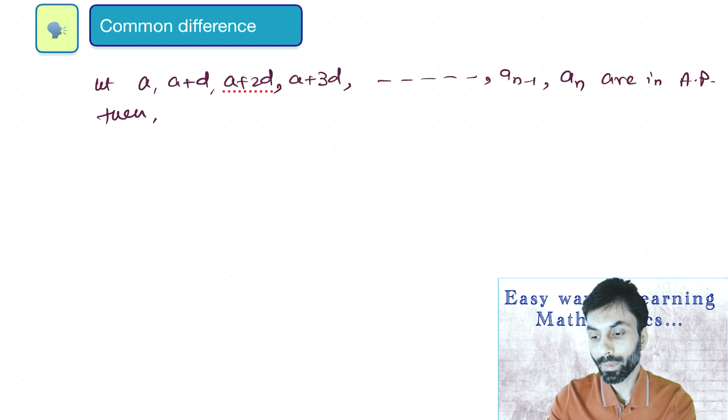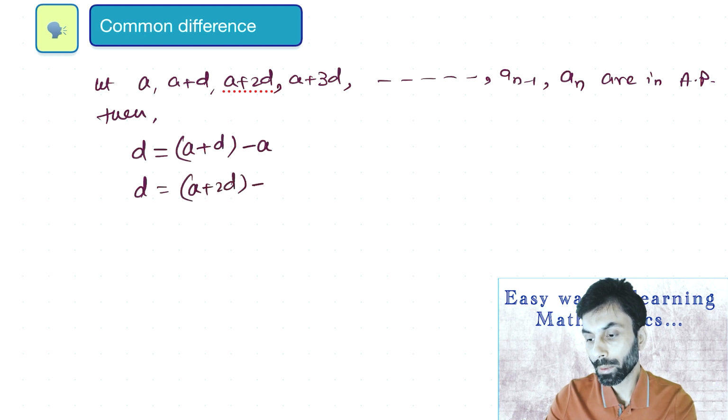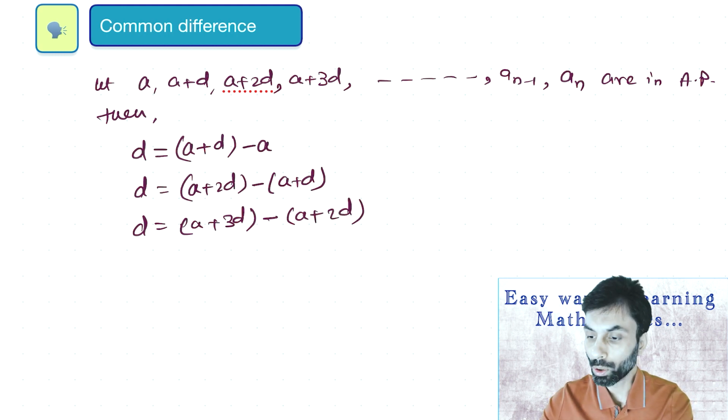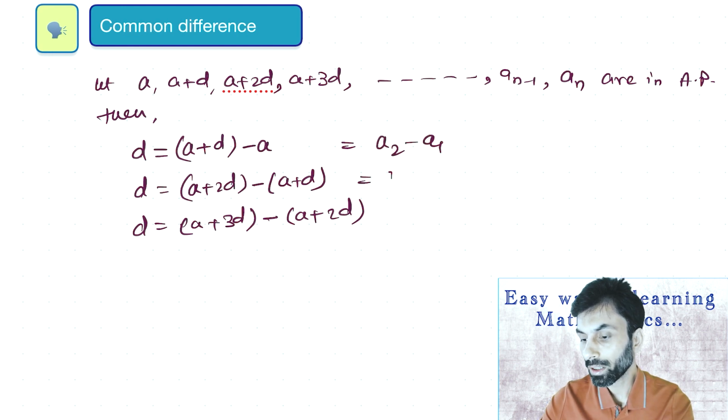Then d will be equal to (a plus d) minus a. d will be equal to (a plus 2d) minus (a plus d). d will be equal to (a plus 3d) minus (a plus 2d). So we can also write it as a2 minus a1, this is a3 minus a2, this will be a4 minus a3.